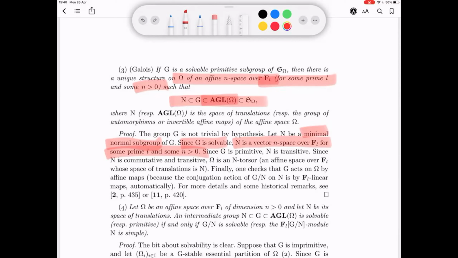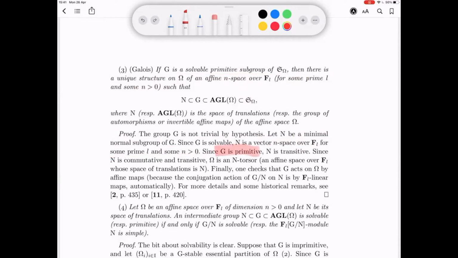This is something where you have to use the fact that G is solvable, and I'm going to leave it as an exercise for you, or you can look it up in any book on group theory: in a solvable group, any minimal normal subgroup is isomorphic to Z mod LZ to the power n for some prime L and some integer n.